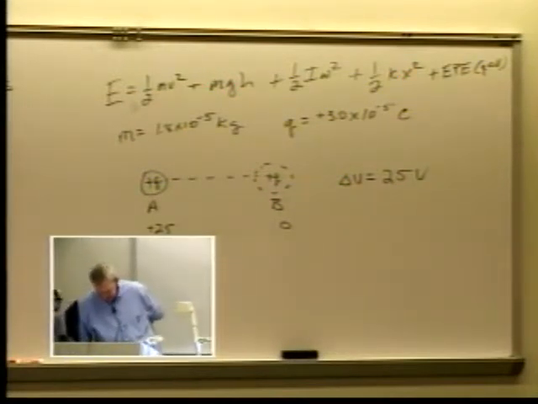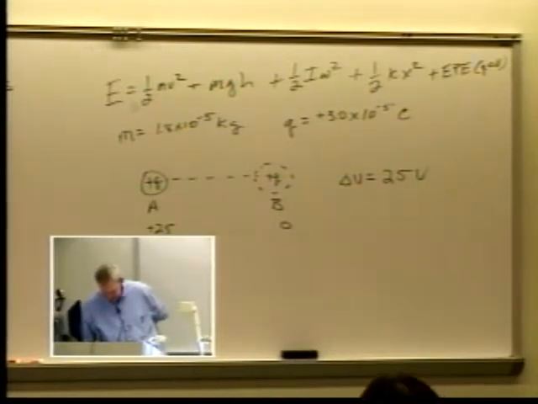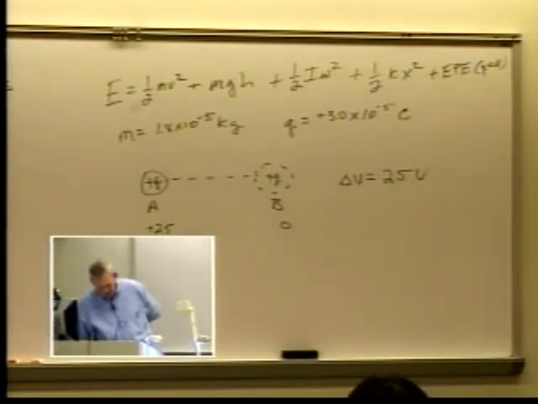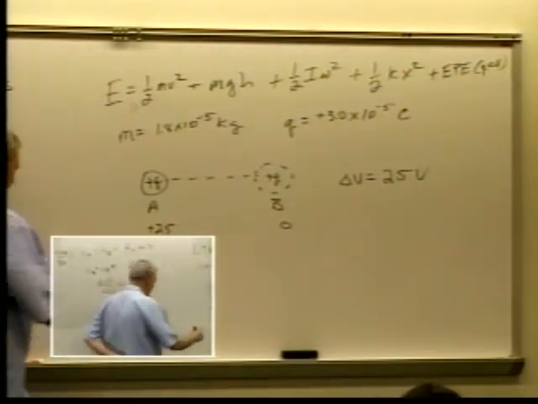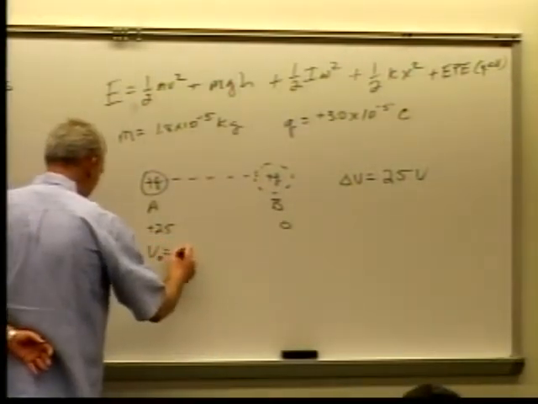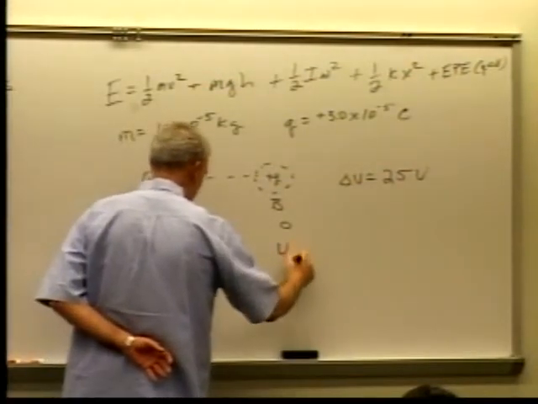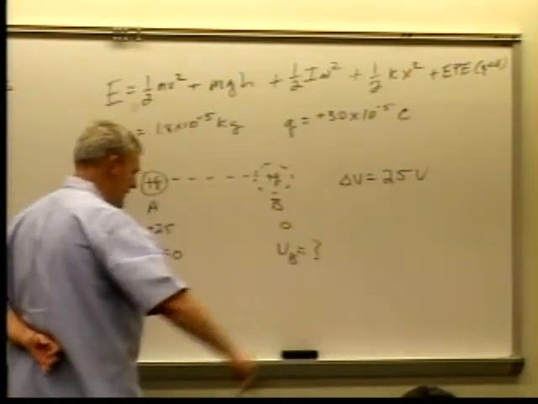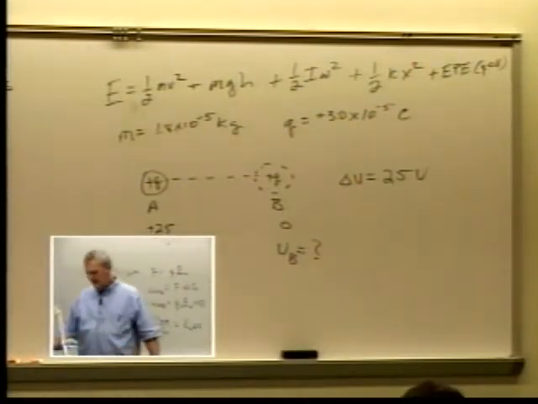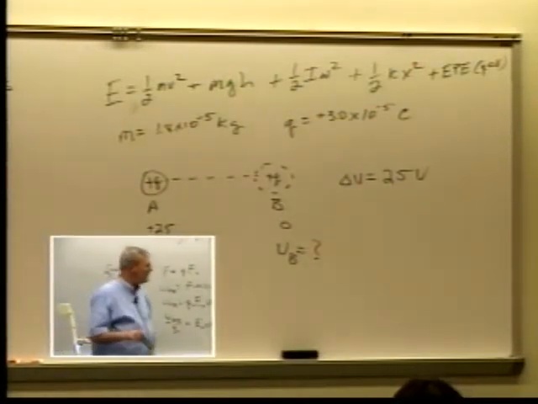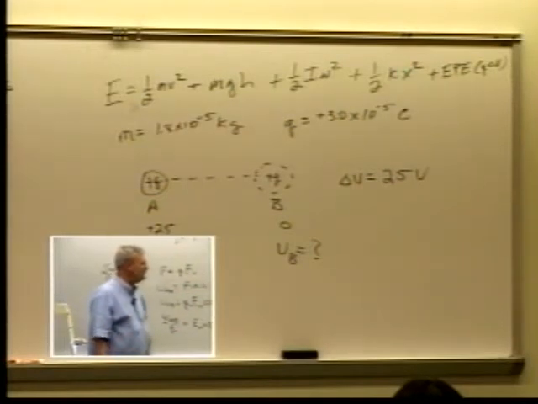It says, what is the translational speed of the particle at point B? So in other words, it's sitting here at 0. This is what we want to find out: we want to find out VB.